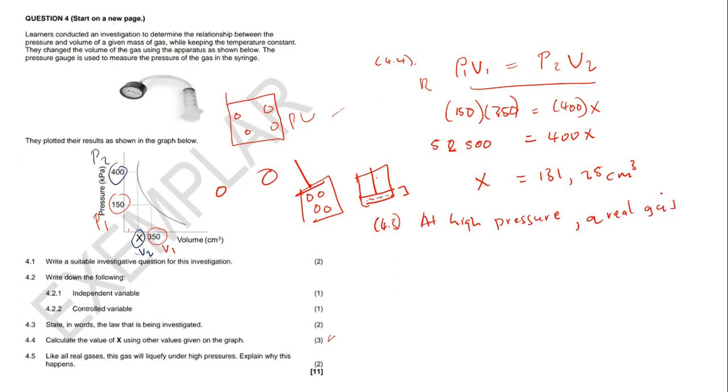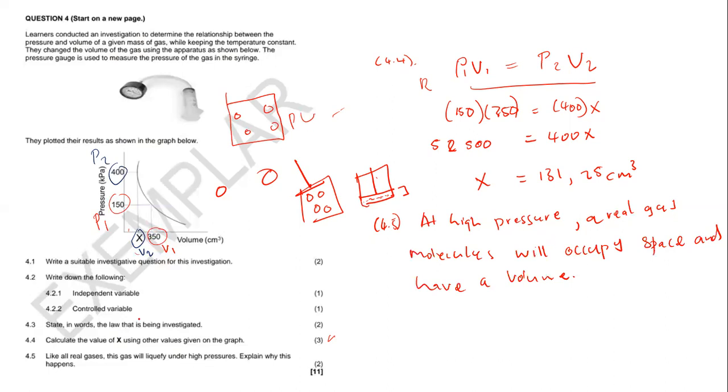A real gas molecules will occupy space. What does occupy space mean? Volume. Space means volume, okay? Will occupy space and have a volume. This is the first point.